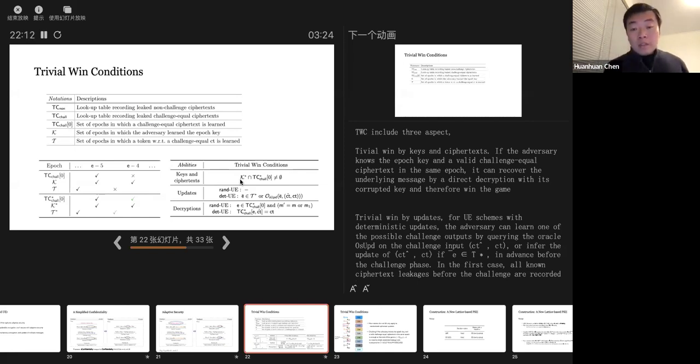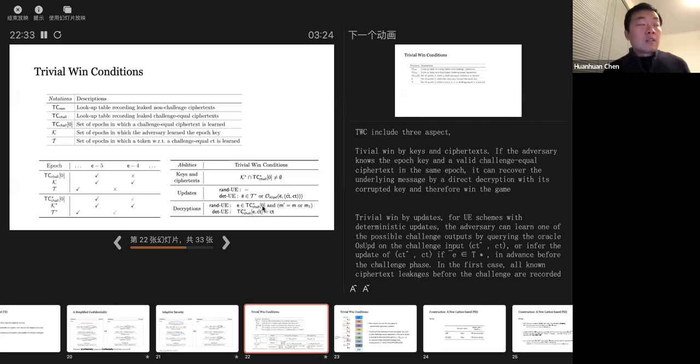But even so, we give a simplified one. We also show that for deterministic UE, we give a trivial win condition here, but previous papers just show how to avoid the trivial win condition for randomized updatable UE.